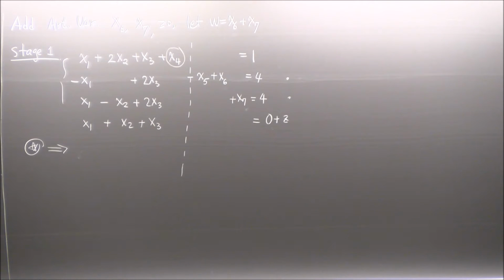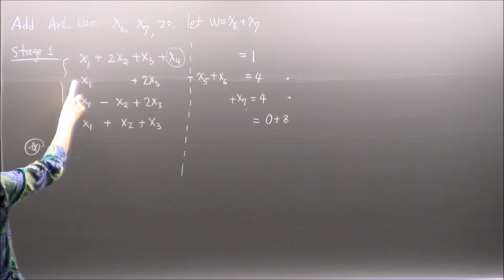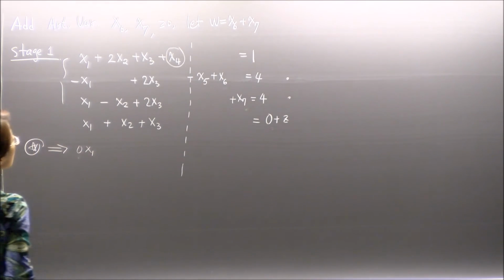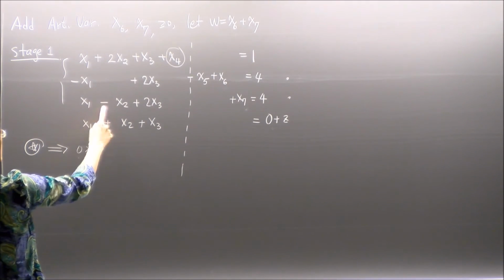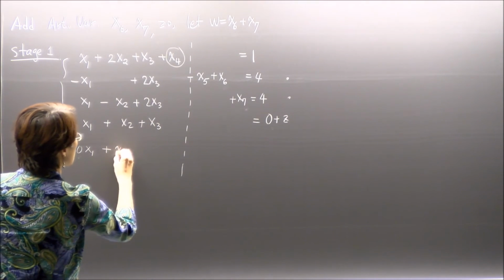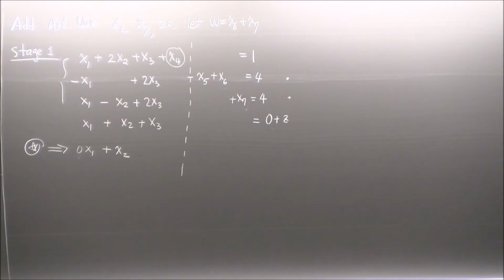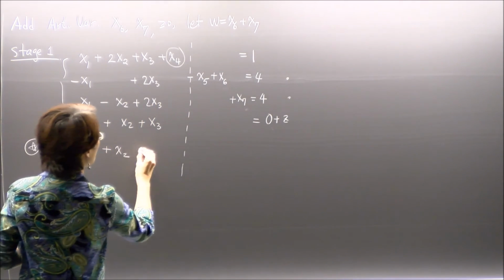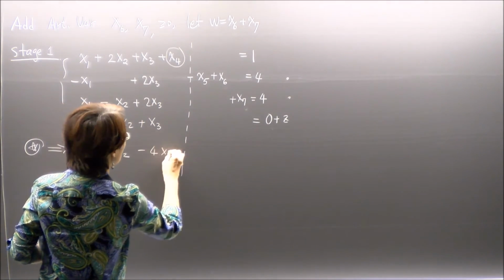All right? So let's see. Now I add -1 and 1. It gives me 0. And 0, -1 is -1. I need to flip the sign, so I get plus. Is that clear? And then 2 and 2 is 4. It shall be negative, I change the sign.